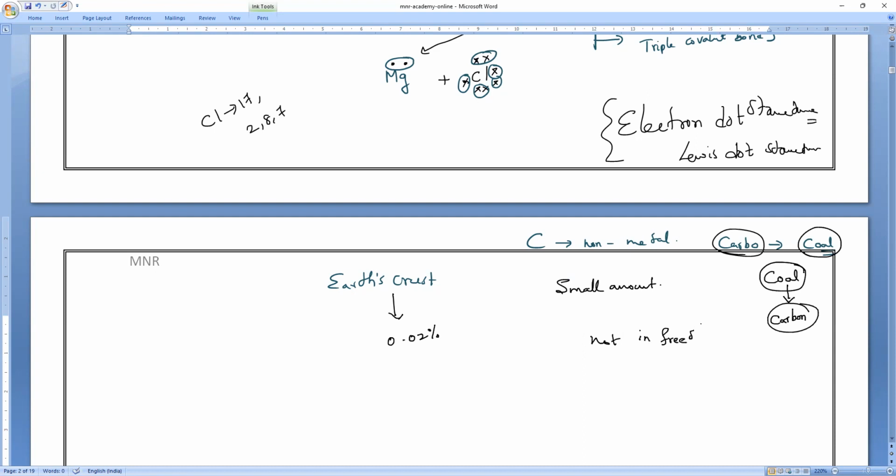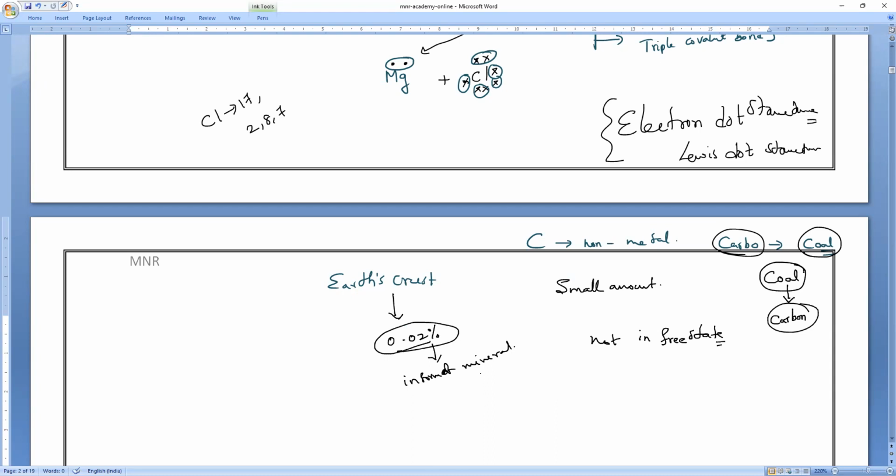What do you mean by free state, everybody? Purely carbon. So it is present in the form of minerals. So under the earth crust, it is just 0.02% carbon in the form of minerals.